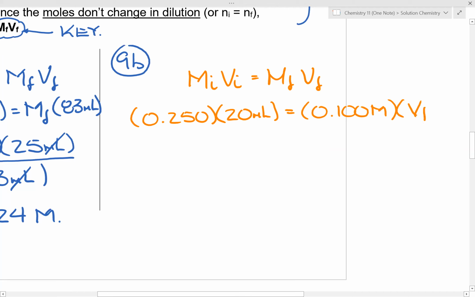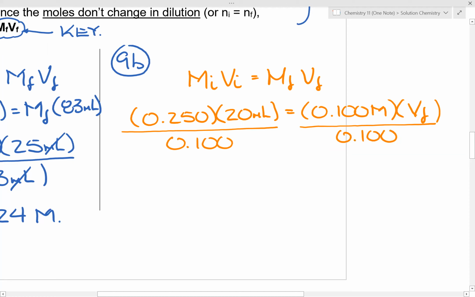And you have Vf. Now, that's pretty much the same setup as what we had done before. So what we do is we divide both sides by 0.100, and I get Vf is equal to 0.25 times 20 divided by 0.1.